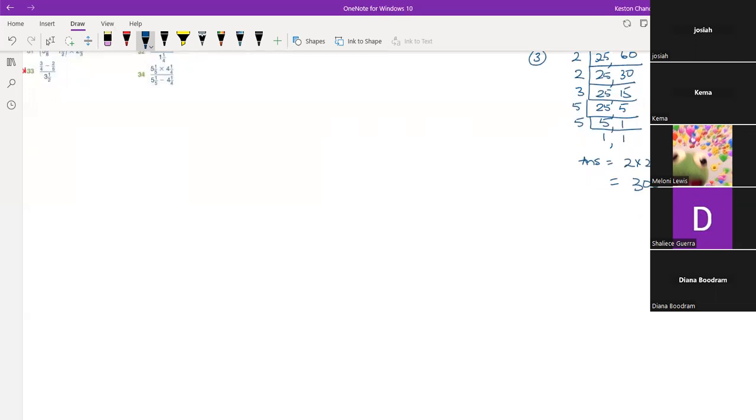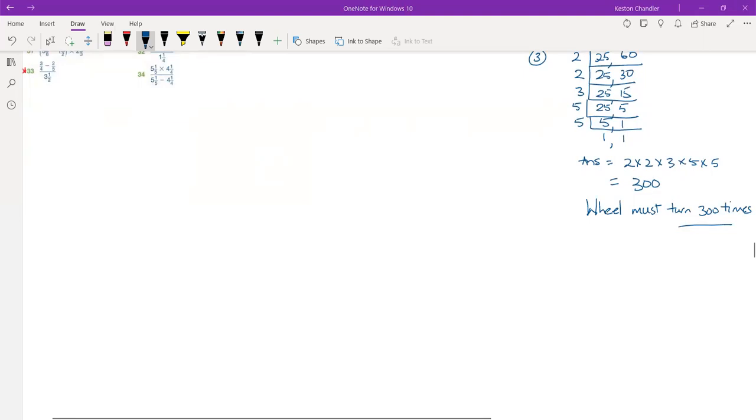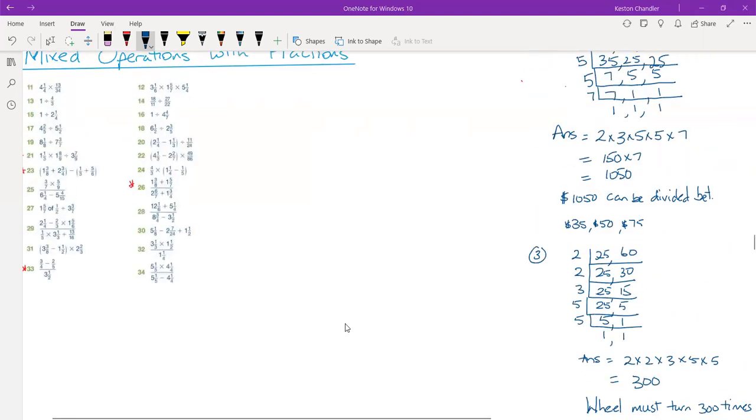We must turn 300 times. Right? So sometimes you get questions like that, either in multiple choice or in a structured paper. There's a section where they do a lot of critical thinking.